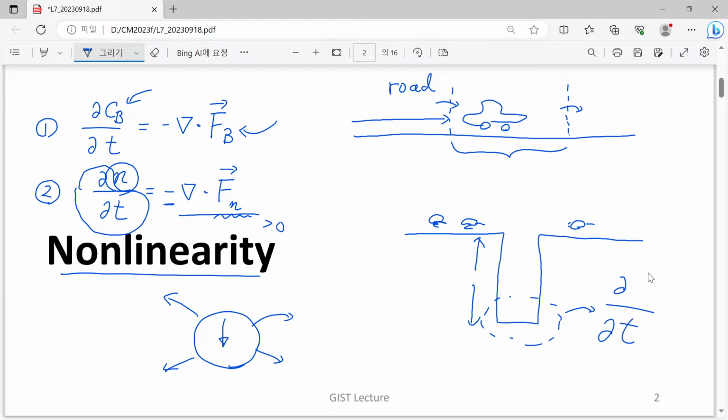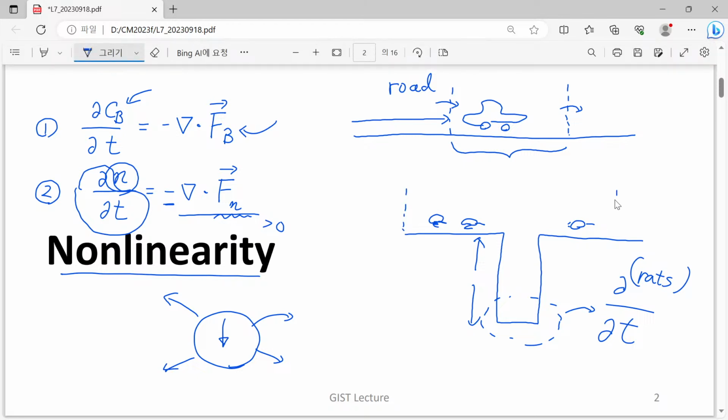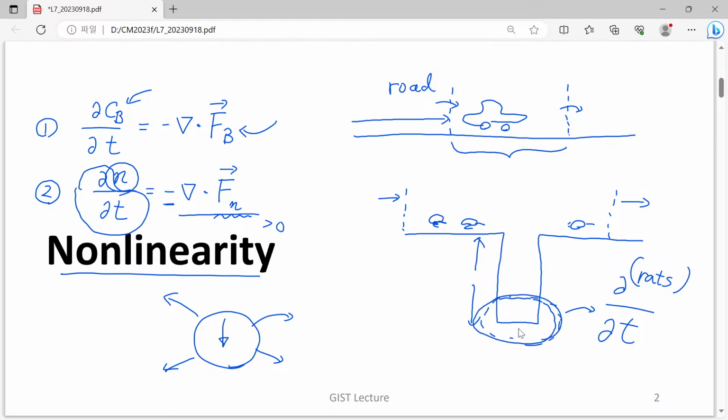So, the number of LEDs. Can we consider, for example, just taking the incoming number of LEDs and outgoing number of LEDs, and say that is related to the change of LEDs captured by this shallow trap? So are you with me?